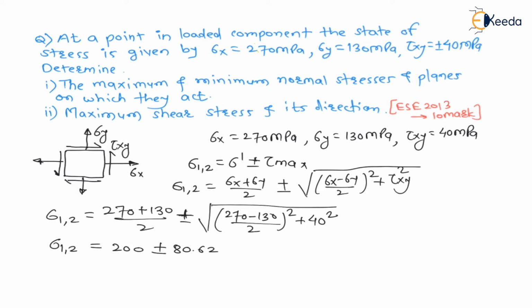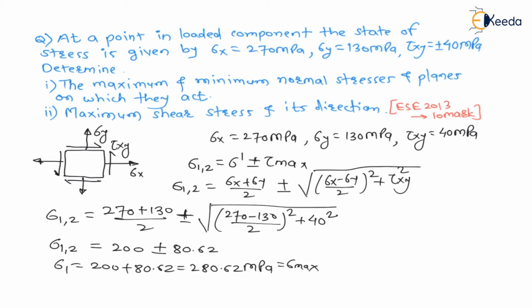Therefore sigma 1 is equal to 200 plus 80.62, which is 280.62 MPa. This is the maximum normal stress, sigma max.